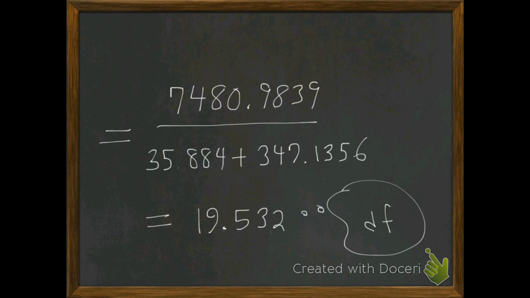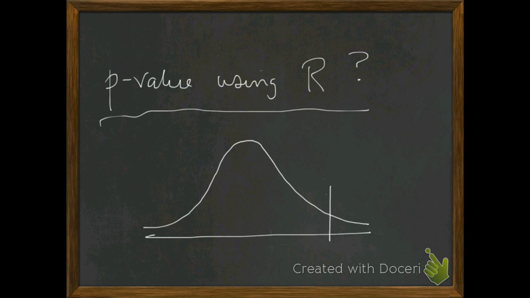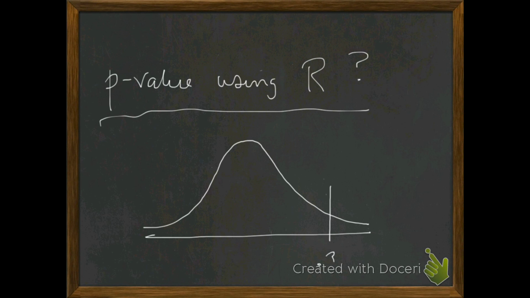So we need the area from 0.301 up and from negative 0.301 down.